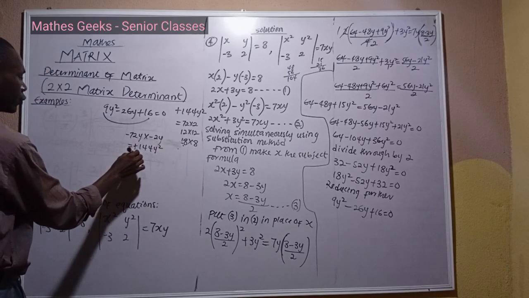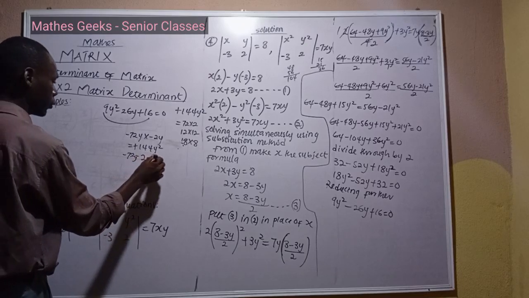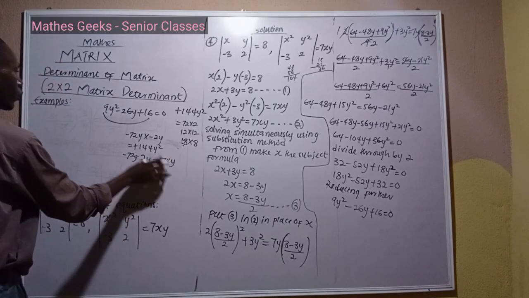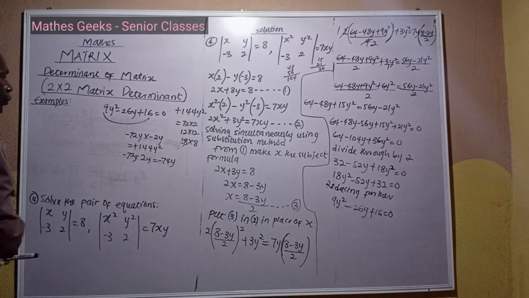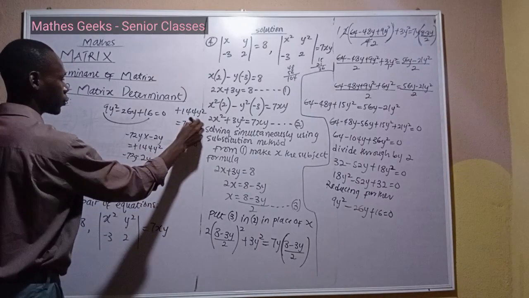But minus 72y minus 2y will give us minus 74y, and this is not what we have here. So these two factors are out.